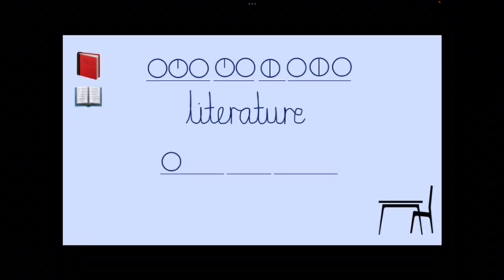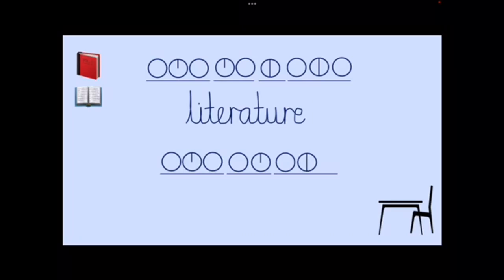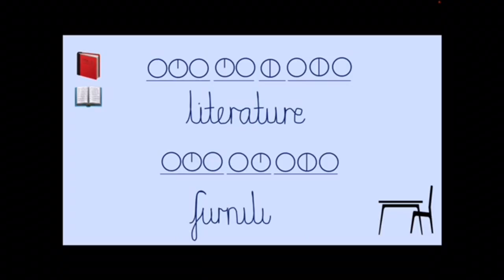Teeth on the back of my bottom lip. Furniture.